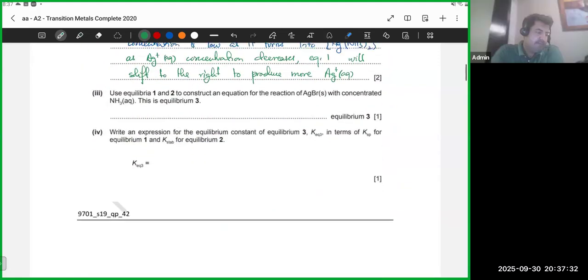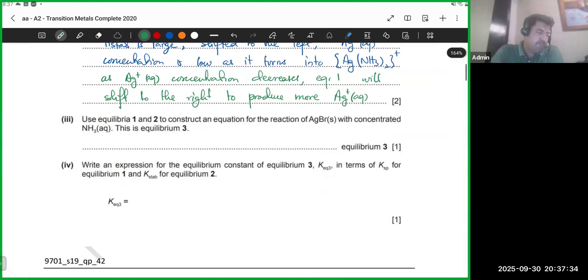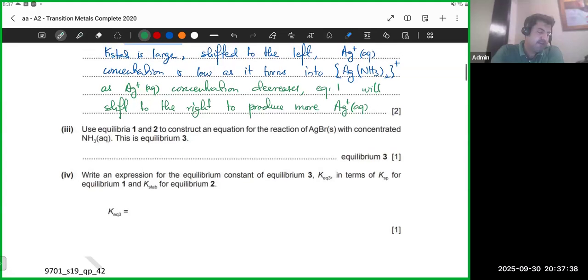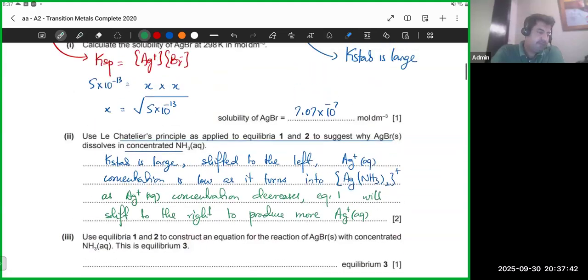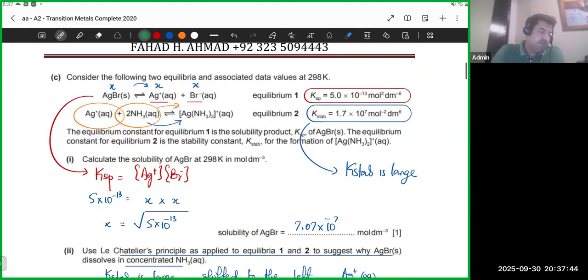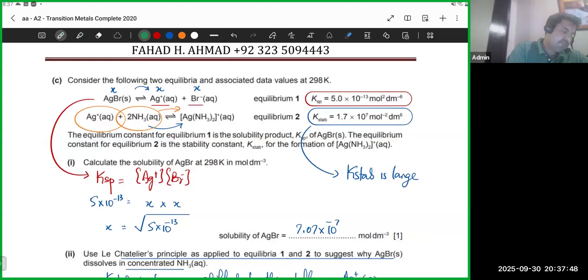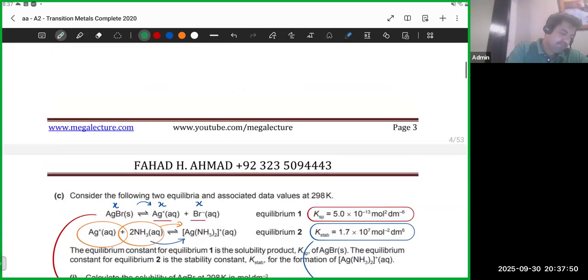Then, use equilibrium 1 and 2 to construct the equation for the reaction of AgBr with concentrated NH3, right? So they're asking you to construct it, so I'm going to do it at the top over here. You just add the two reactions up.